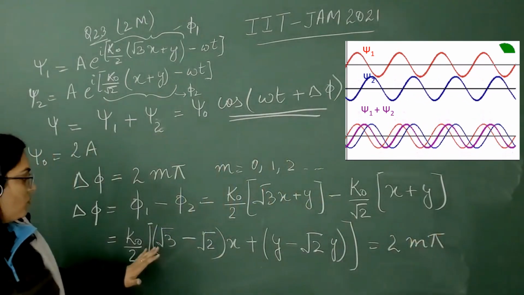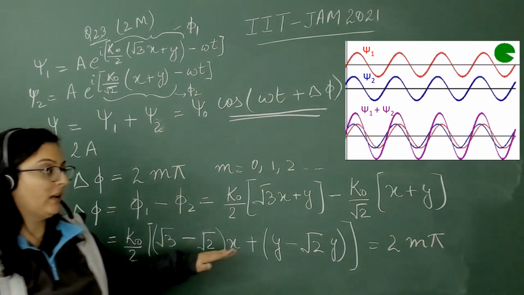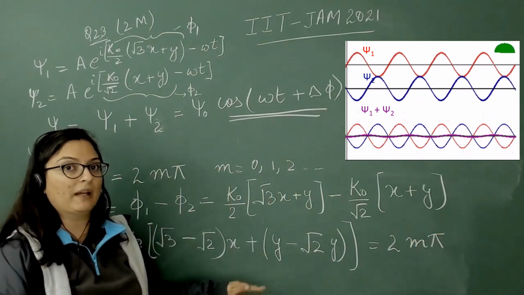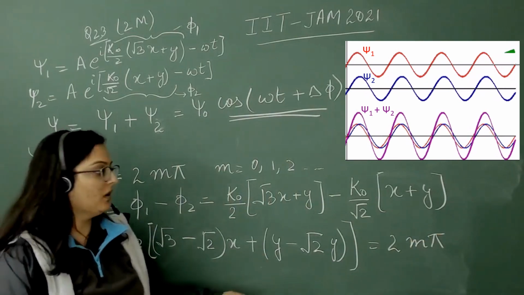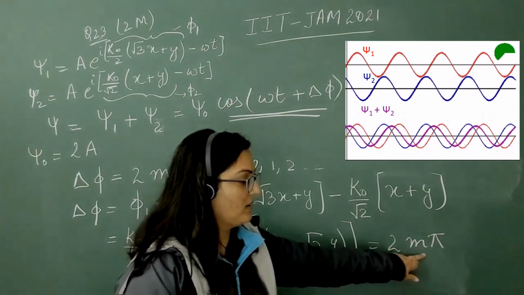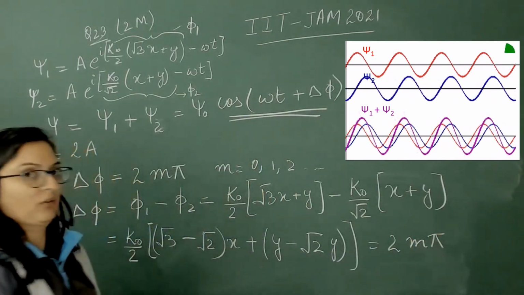We just have to solve this equation and find the condition for the maxima in terms of lambda and m, which is the order of the fringe being formed.